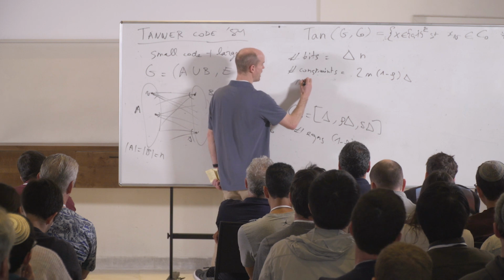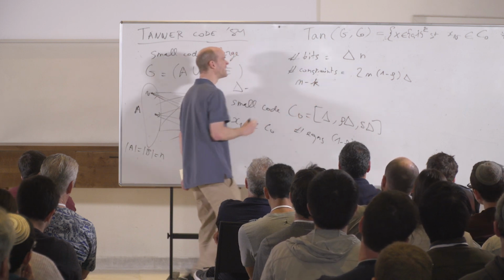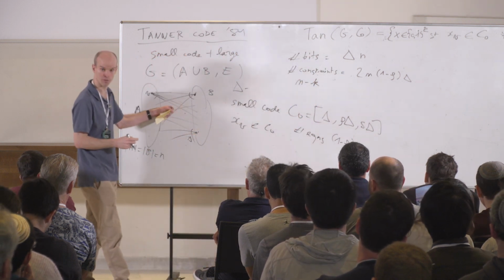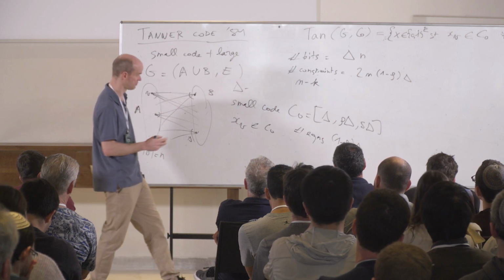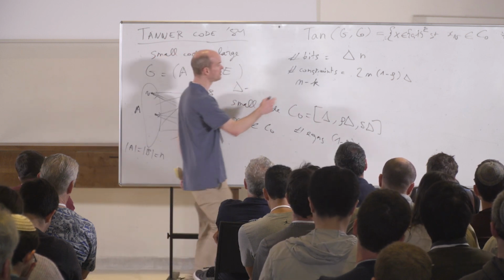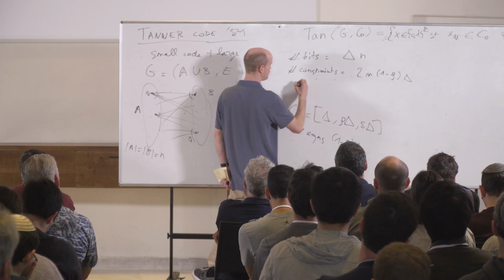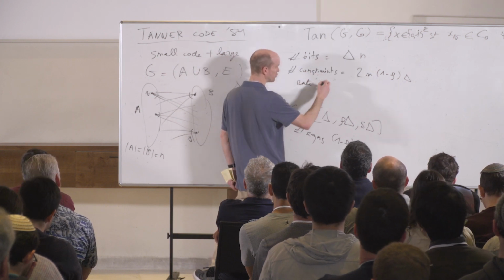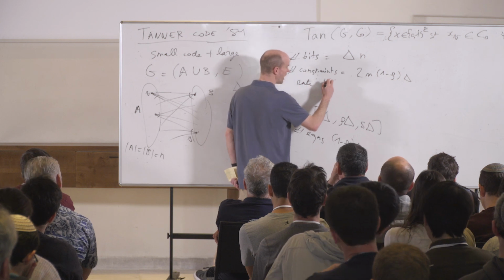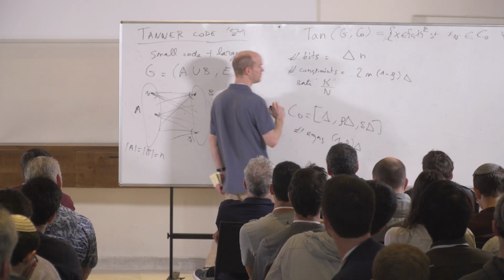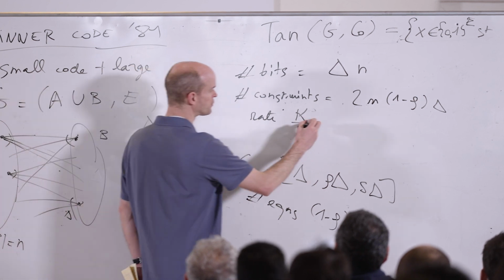So the number of constraints in your Tanner code, or the rate of the Tanner code, is the number of encoded bits over the number of edges.